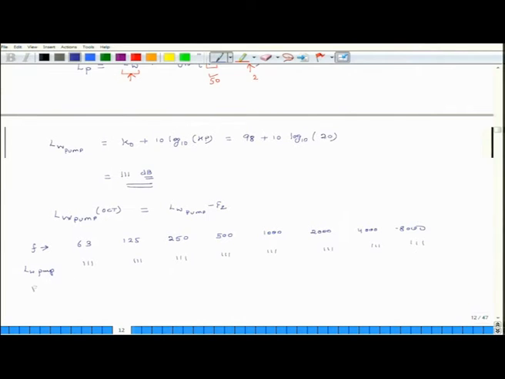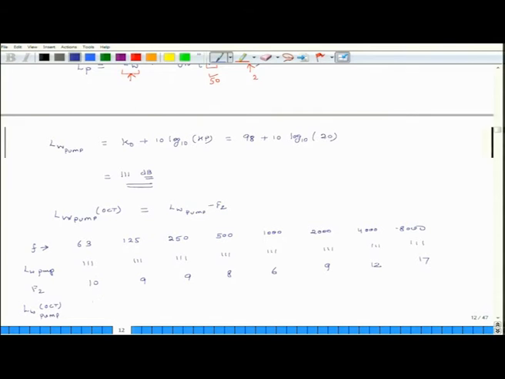And the value of F2 is 10, 9, 9, 8, 6, 9, 12, 17. So my LW octave for the pump is how much?